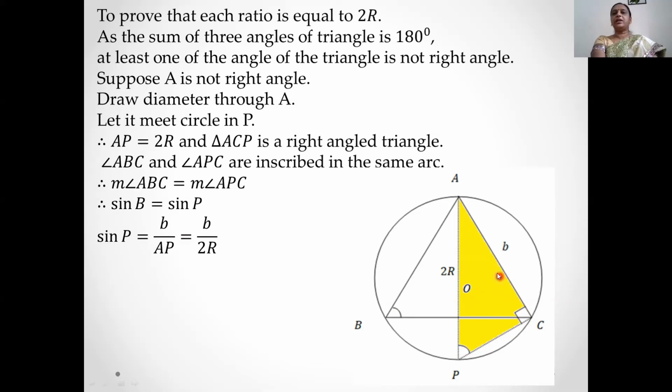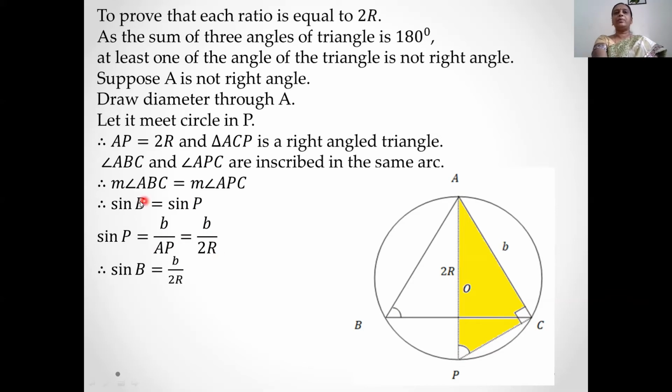What is the opposite side here? Opposite side is b. Hypotenuse is AP. AP means the diameter, that is equal to 2R. Write down sine P is equal to b divided by 2R.